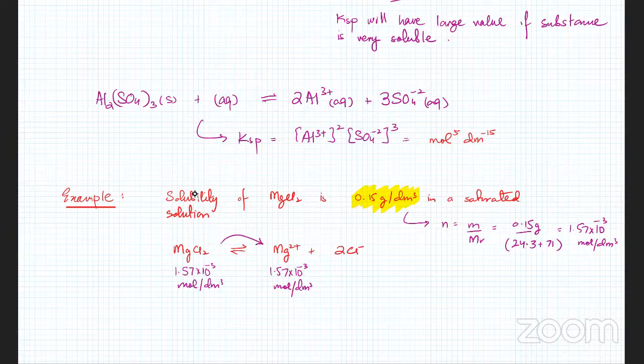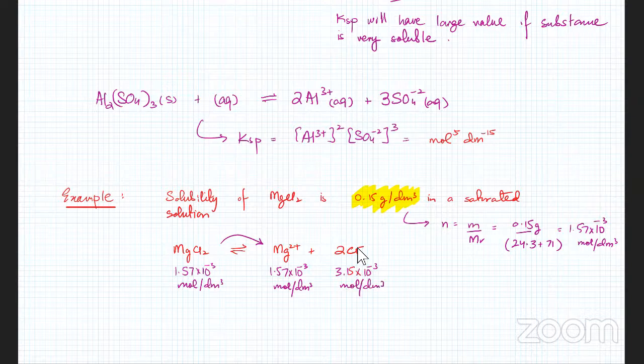When somebody mentions solubility, that's the amount of salt that is already dissolved. So Mg ions will be exactly the same. What about Cl ions? They will be double, according to the ratio. What's double of this? That's going to be 3.15 times 10 to the power minus 3 mole per dm cube.